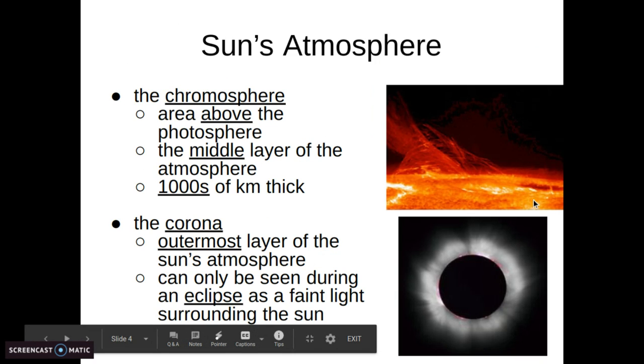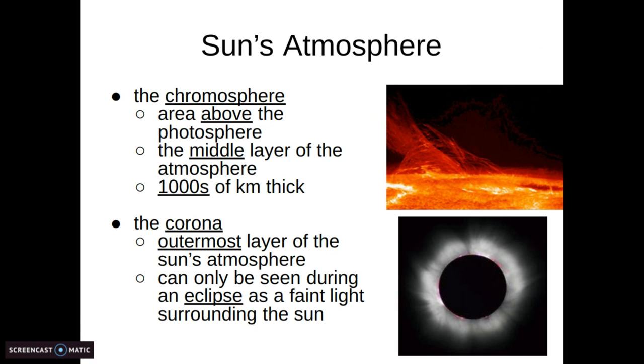The next layer is the chromosphere. So this is the area that's above the photosphere, so a part of the atmosphere. It's the middle layer of the atmosphere. It is thousands of kilometers thick, which would correlate to thousands of miles thick. And if you were to look at the chromosphere, it would look as if it has a reddish glow, and it is what moves the heat from the photosphere into the corona.